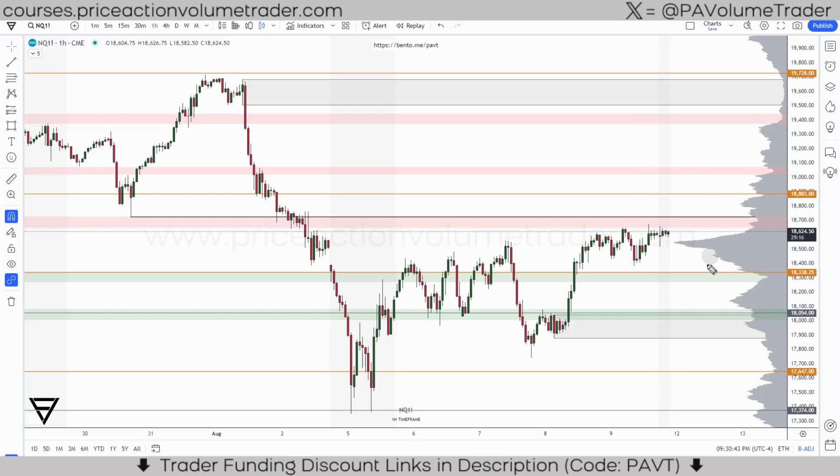That's why I like to paint the scenarios. When I do my analysis, I say, okay, we're within this high volume node. I want to see a breakout and a retest for continuation. If we break out and we come back in and start rejecting again, then this was just a false break and we're most likely going to traverse to the other side.